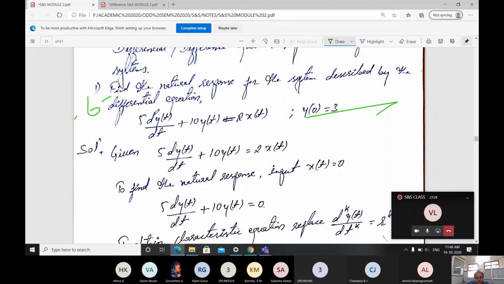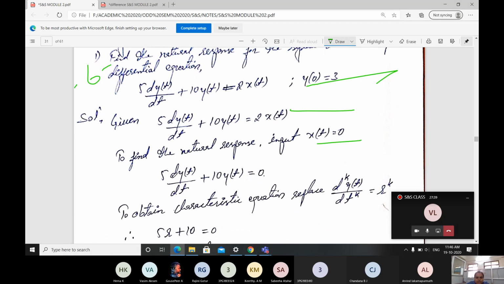This is the given equation. First you write that for a natural response, the input x(t) is going to be 0. Therefore 5 dy(t)/dt + 10 y(t) = 0.